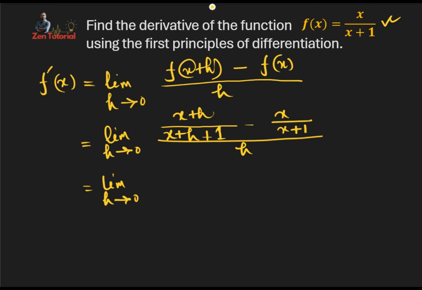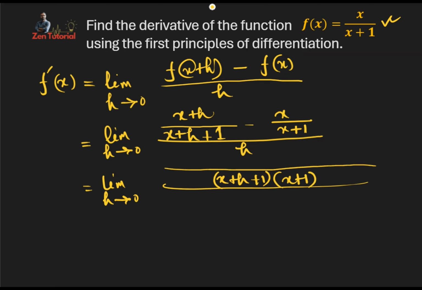So h tends to 0. Here the LCM will be x plus h plus 1 times x plus 1. Here x plus h times x plus 1 minus x times x plus h plus 1 over h.